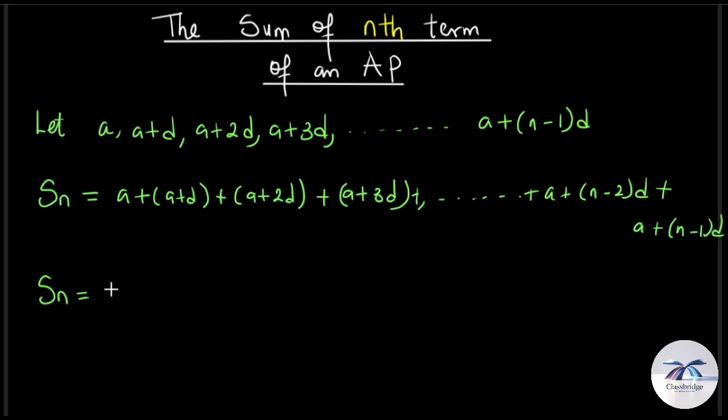So I can also start from the last term, which is a plus (n minus 1)d, plus the next to it, and so on, writing it from here back to the first.